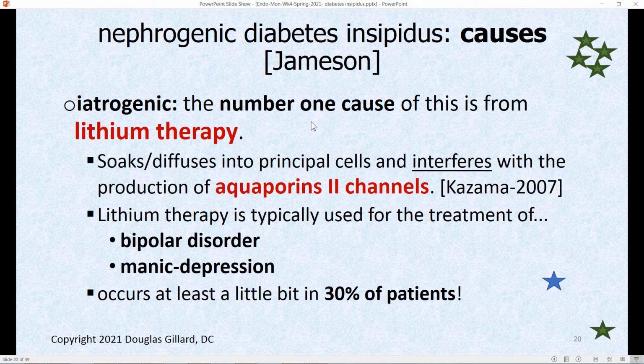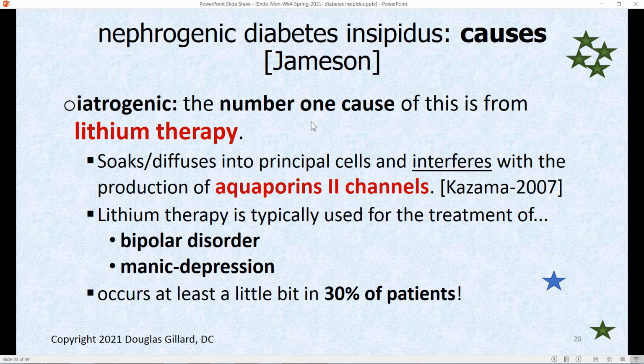What causes this one? Interestingly, again, it's iatrogenic, meaning it's a man-made problem. Its number 1 cause is lithium, which is a drug used for bipolar and manic depression, some more serious psychological disorders, and it works pretty well. But it has some pretty bad side effects, and this is one of them. What does the lithium do? It soaks into the principal cells, and it interferes with aquaporin 2. Remember, aquaporin 2 has to be made.